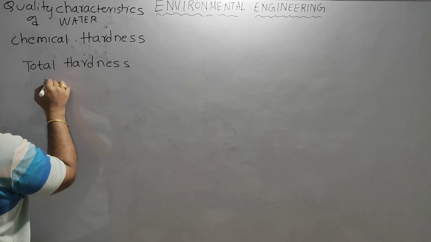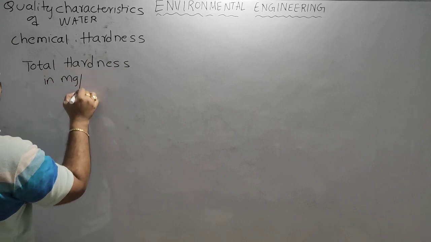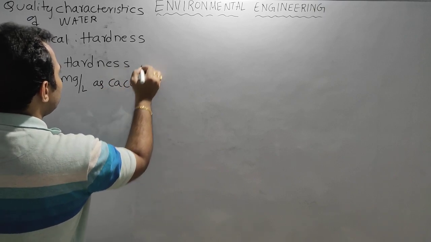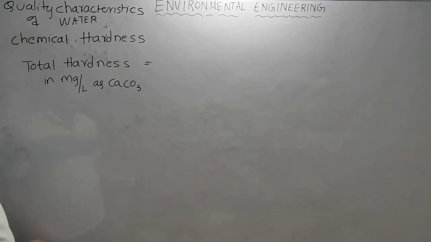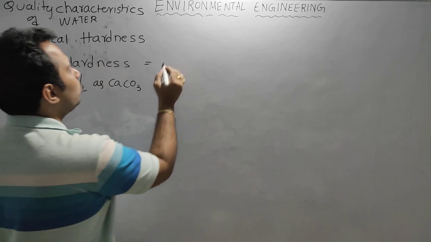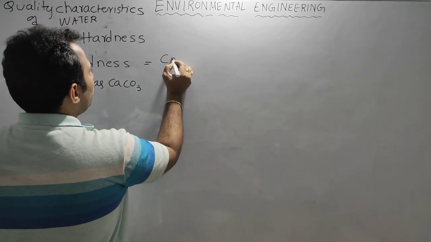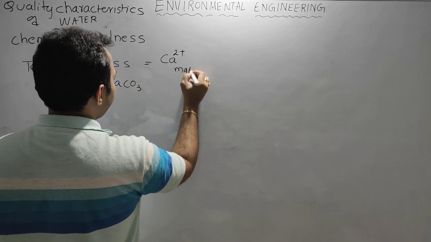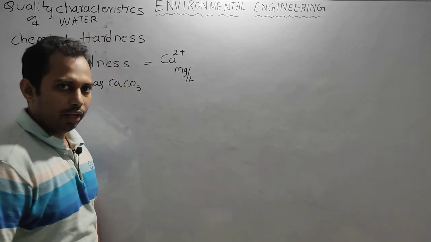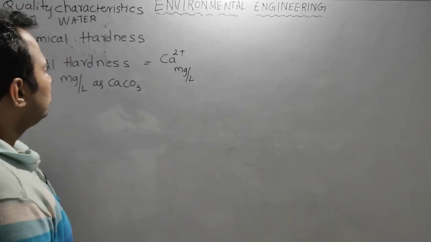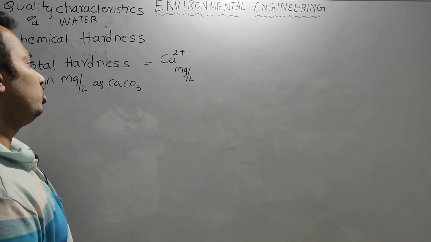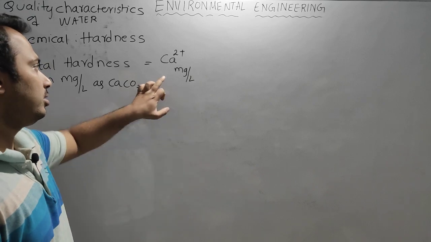Total hardness in mg per liter as CaCO3 is equal to, so Ca2+ concentration. Total hardness we calculate from the calcium and magnesium side. So we calculate total hardness from the cations side. So Ca2+ is the concentration of X.